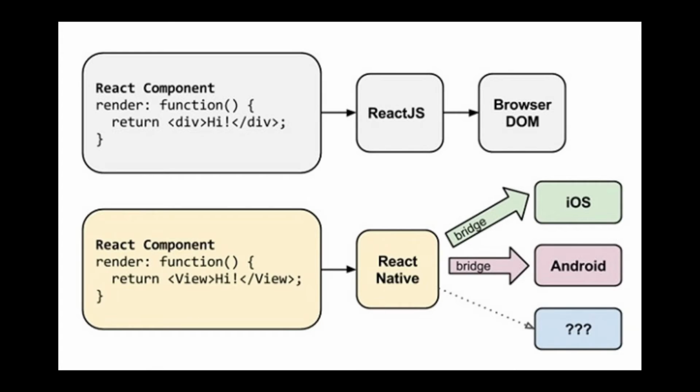So you have a view that tells React Native you want to render a view on the native platform, and then it has bridges between the React Native part and the actual operating system. In the case of iOS, it will create a UIView, and for Android, it will create the corresponding view for Android, and everything else works the same way.